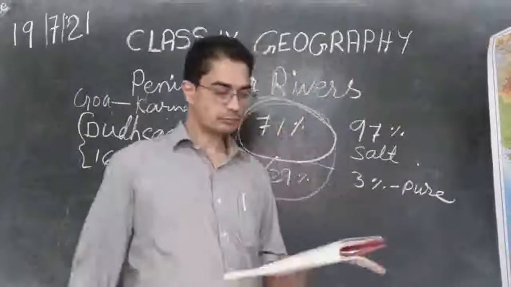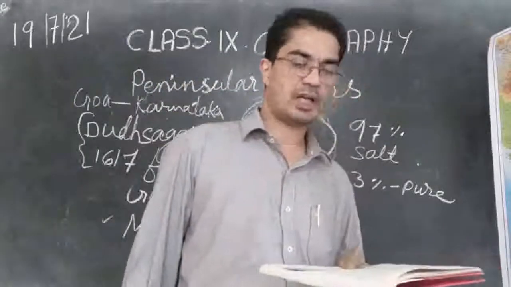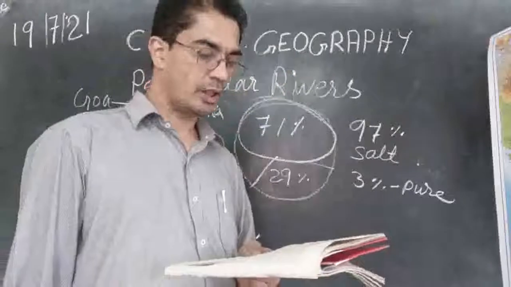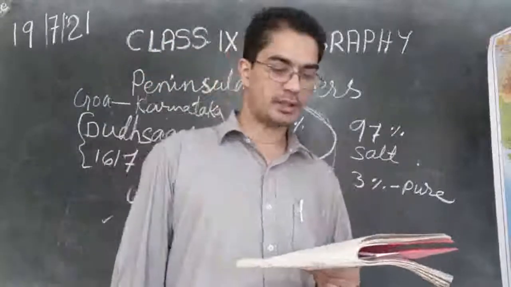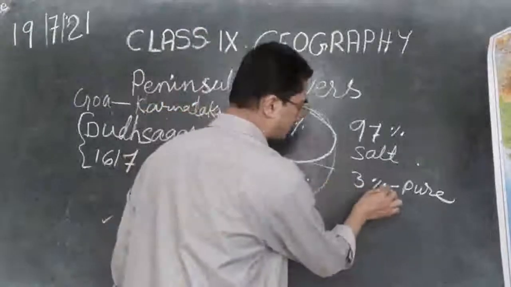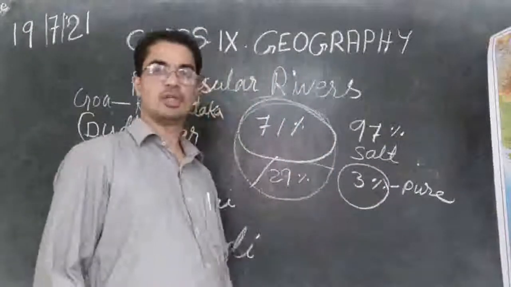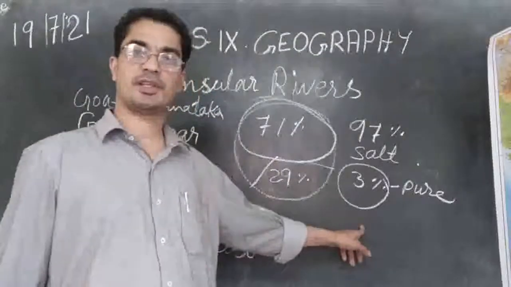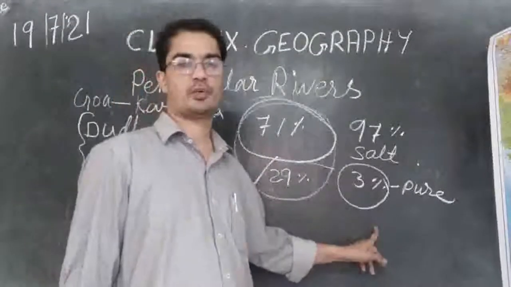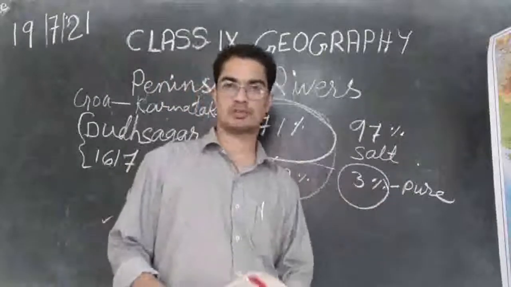Then of the 3% that is available as fresh water, 3/4 of it is trapped as ice. So only 3% of the water is pure or fresh water, but all of this 3% is not available to us for drinking.